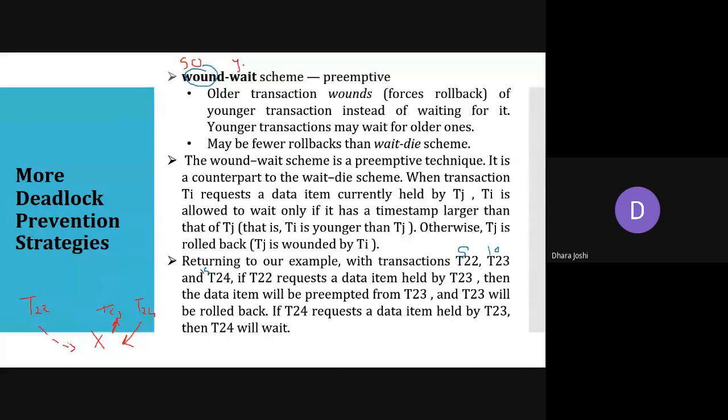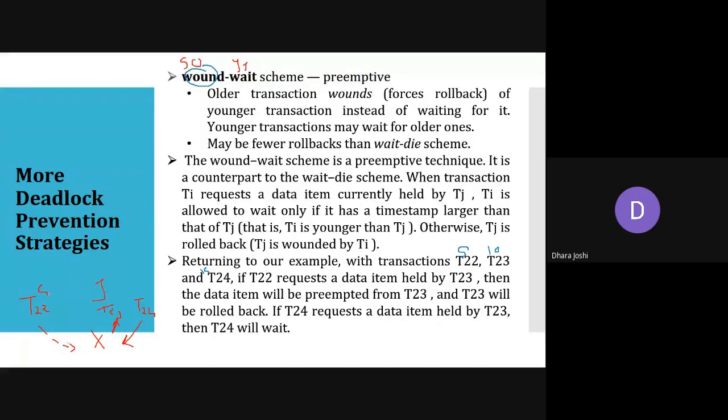If you are senior or older, then you need to wound. That means you are taking forcefully the data item which you want, from the junior one. In this case, T22 is a senior and T23 is a junior.